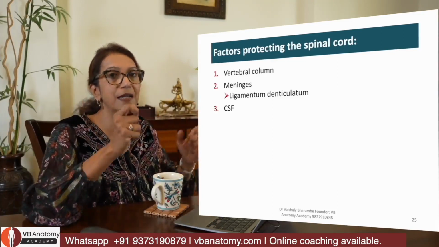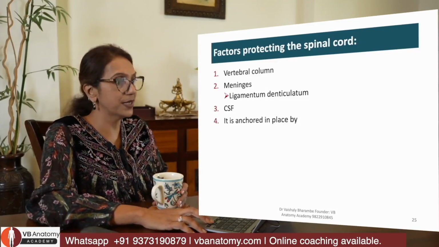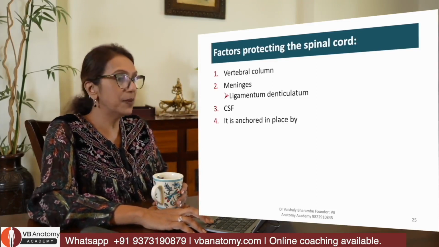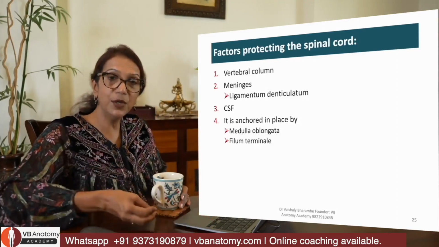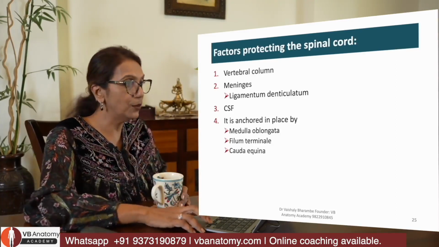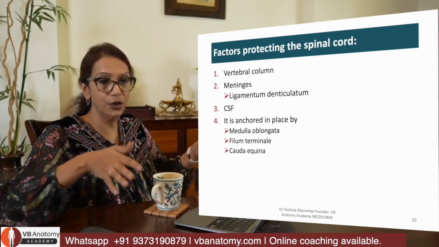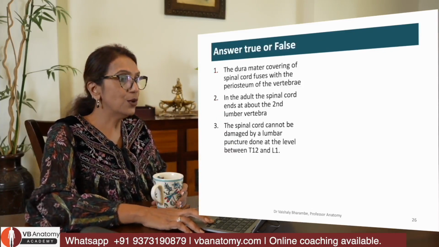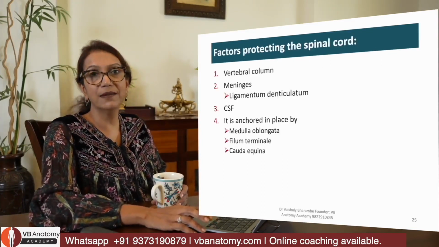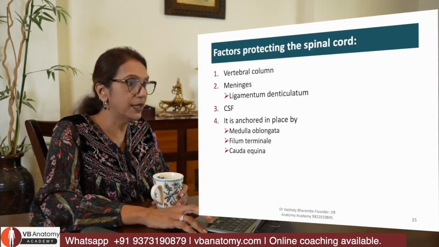It can't really hit itself anywhere. CSF protects it. It's anchored in place by the medulla oblongata above, the filum terminale attached to the coccyx below, and the cauda equina nerves which are emerging out. Each is acting like an anchor. Okay. So these are the factors that serve to protect your spinal cord.